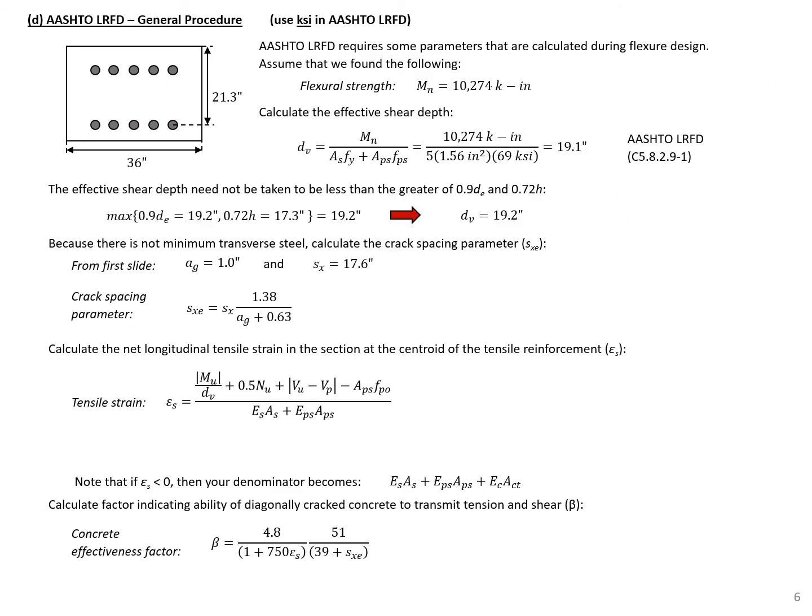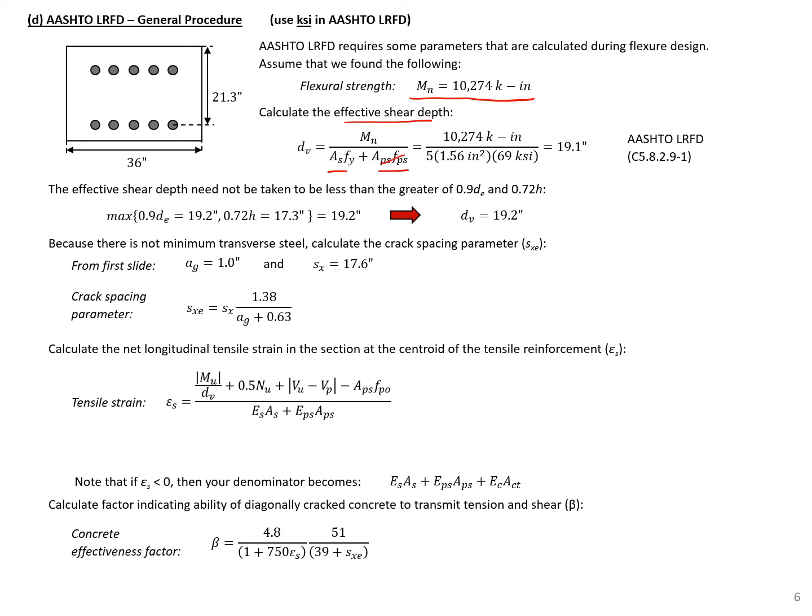We're next going to use the AASHTO LRFD general procedure. So normally when we're doing a shear design, we'll first do the flexural design. So that means that we'll have our flexural strength already. So AASHTO uses the flexural strength in the determination of what's called an effective shear depth. So our effective shear depth is D sub V, and it's equal to our nominal moment capacity M sub N divided by AS FY plus APS FPS, so non-prestressed steel plus prestressed steel component.